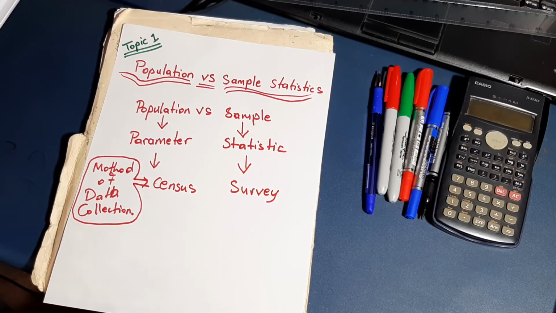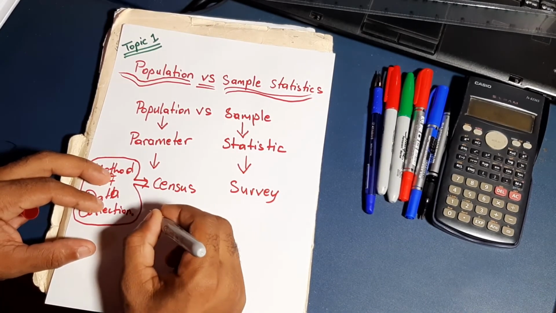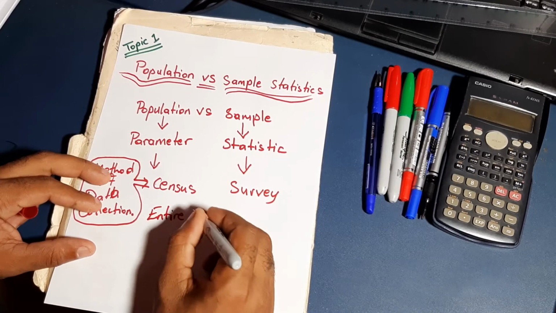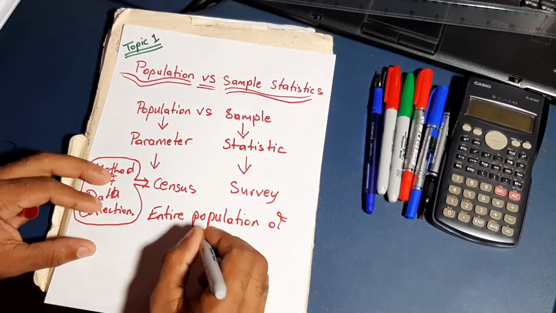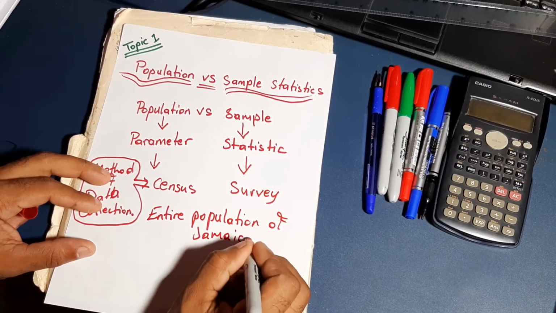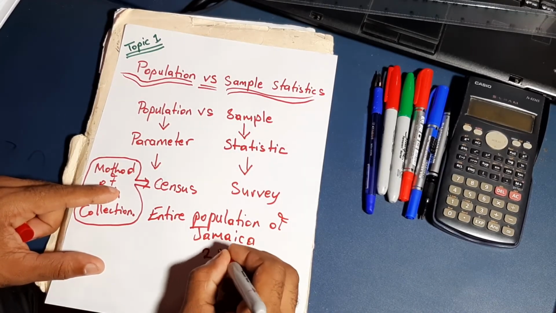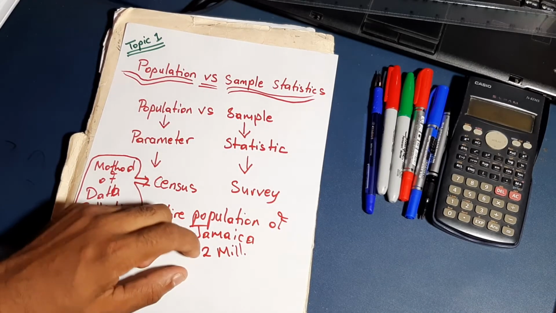So let's say that we're going to conduct research on the entire population of Jamaica. And let's say Jamaica has about 2 million people.